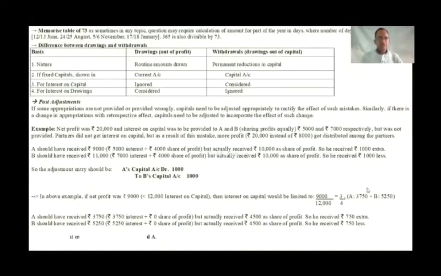So in this case, our adjustment entry becomes A's capital account debit to B's capital account 750. A has received 750 extra, so his capital needs to be reduced by that amount. B has received rupees 750 less, so his capital needs to be increased by that much amount.